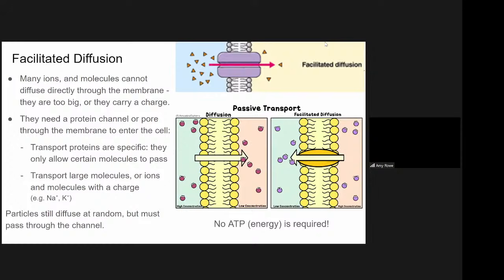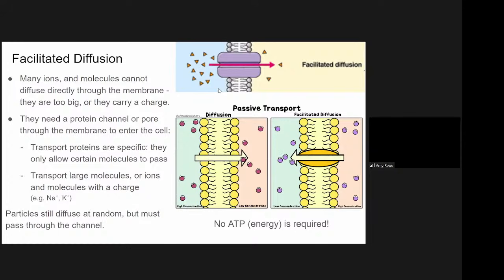So you can see in this diagram here, borrowed from the Amoeba Sisters, on the left-hand side, we see diffusion, where we have our happy red little particles moving straight through the plasma membrane, squeezing in between those phospholipids and moving from the outside of the cell to the inside of the cell. On the right-hand side of the diagram, we have our little purple guys there.